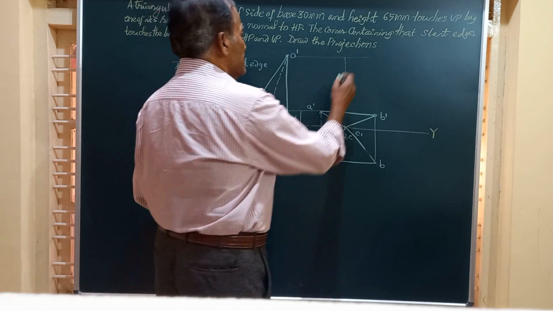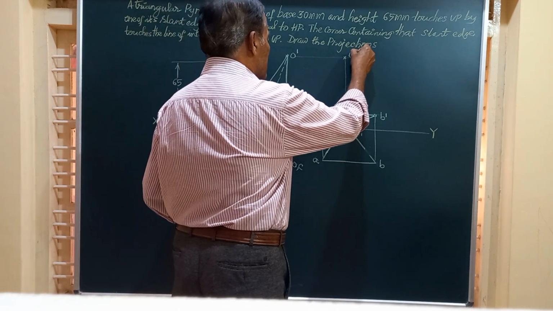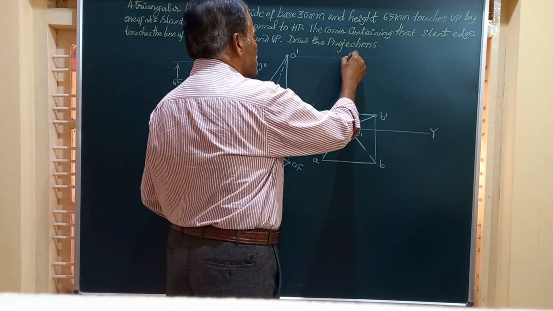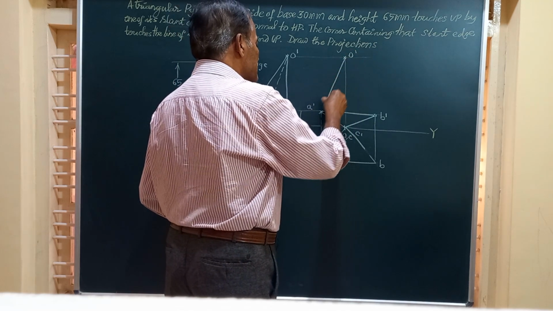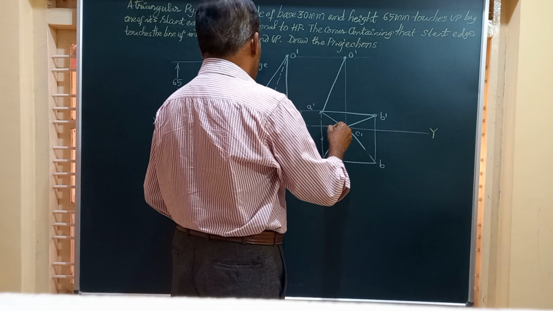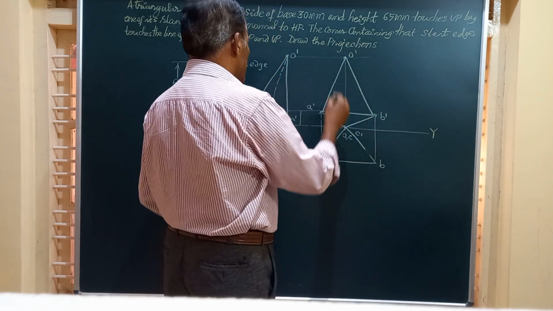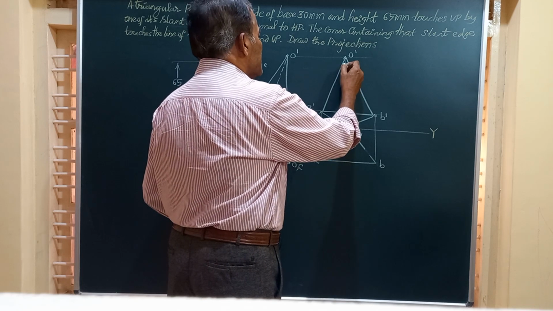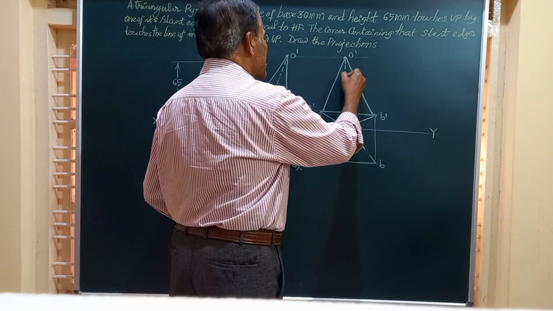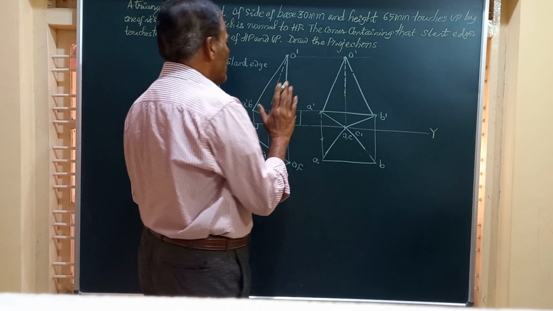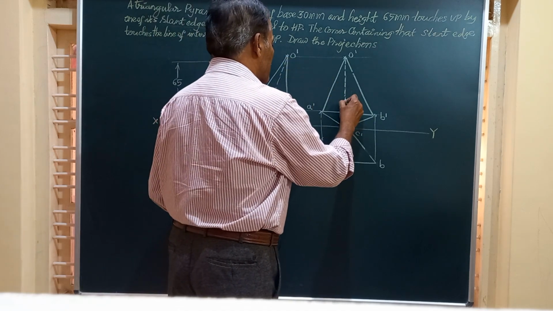So friends, this is the vertex of the solid, and I have to join this O dash to A dash, and you have O dash to B dash and O dash to C dash, and this particular line is not visible to us because it is on the vertical plane.